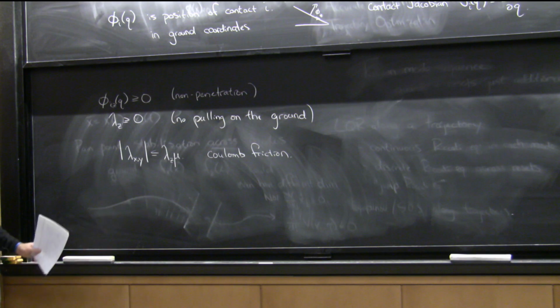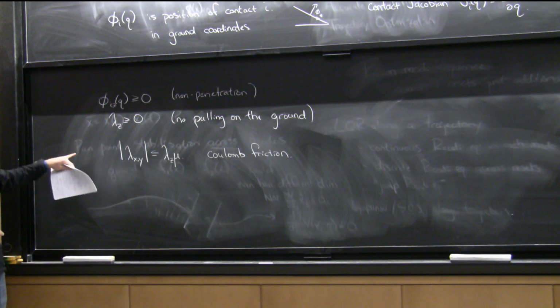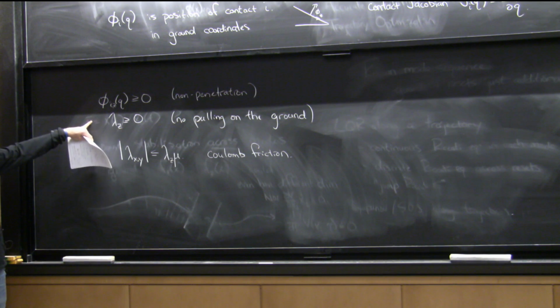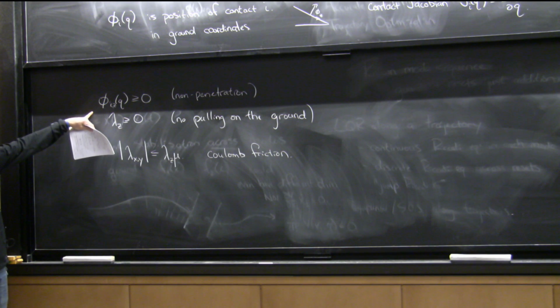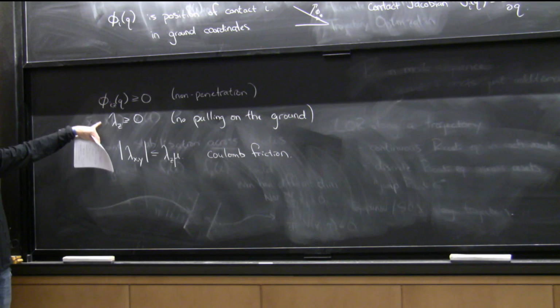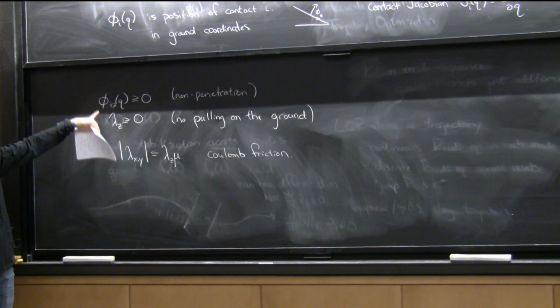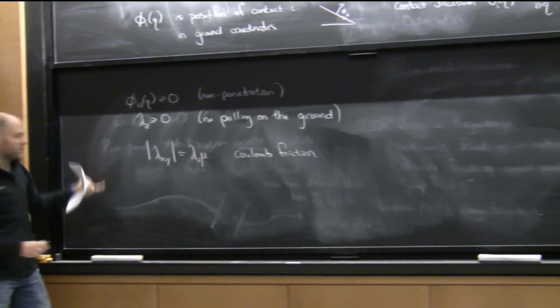Okay, but most importantly, what we want to do is have a notion of a no force at a distance constraint, saying lambda z has to be 0 unless phi z is 0, right?